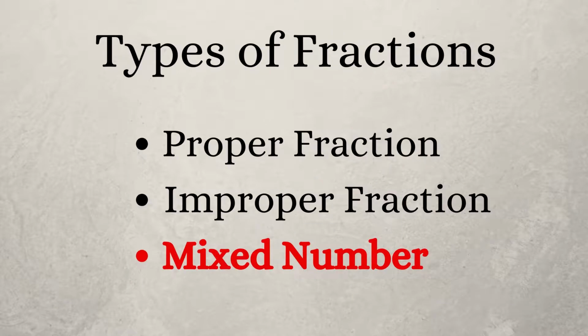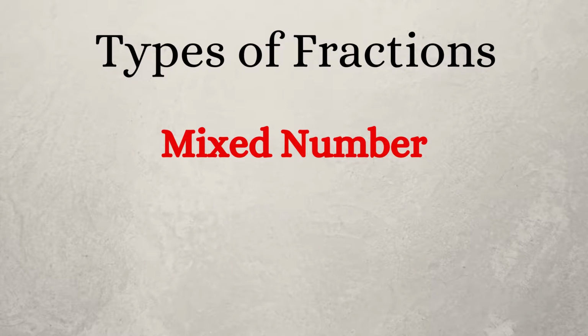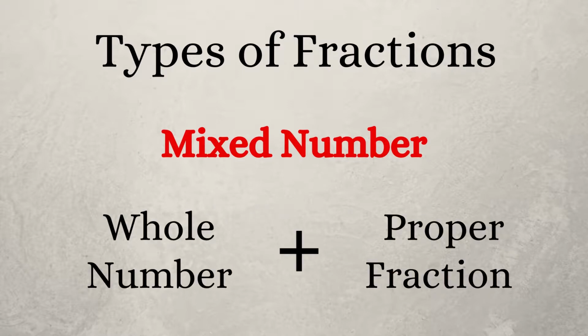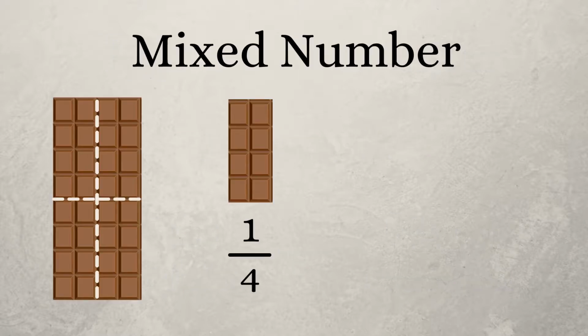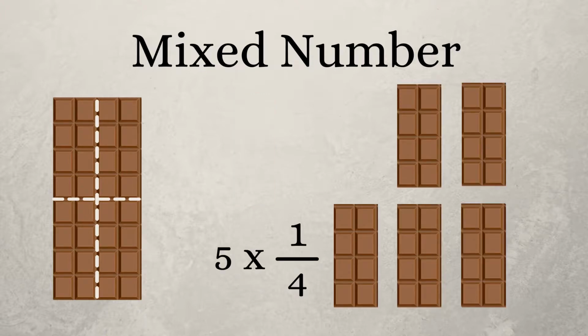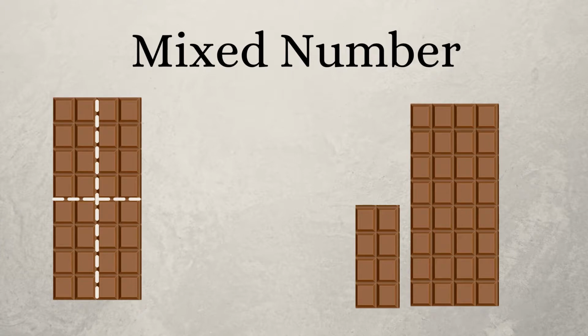Finally, we have mixed numbers, which is written as a whole number along with a proper fraction. For example, let us say that the same bar of chocolate is divided into 4 equal parts and we totally have 5 of these pieces. You can put 4 of it together and make it a whole and keep the remaining as it is.